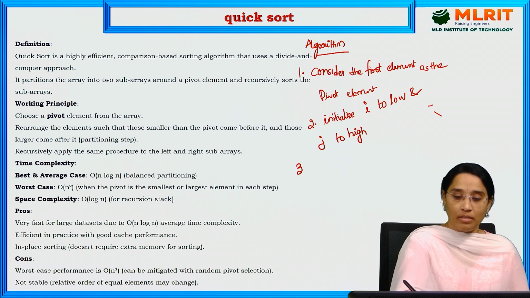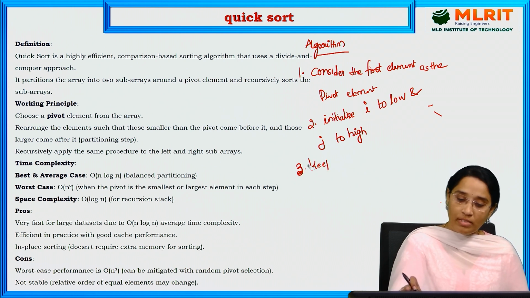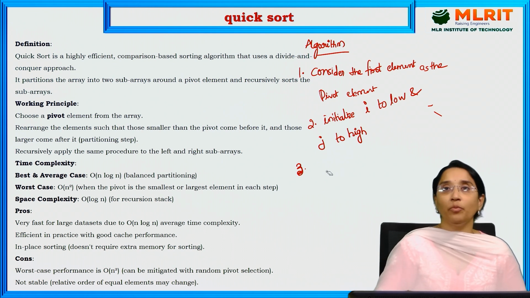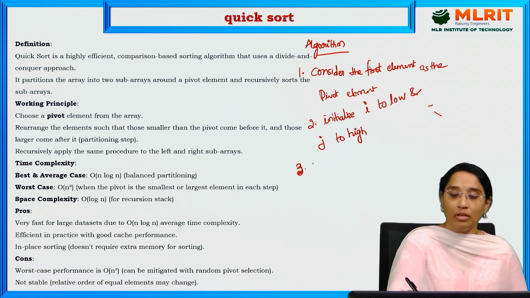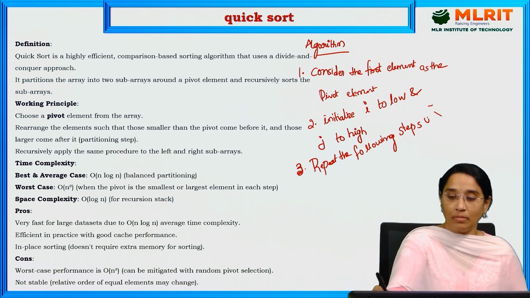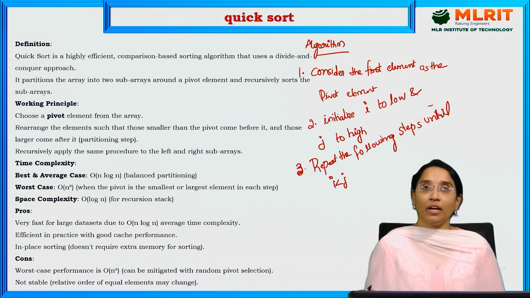Next, third step: repeat the following steps until i is less than j. You have to keep on incrementing i and decrementing j.